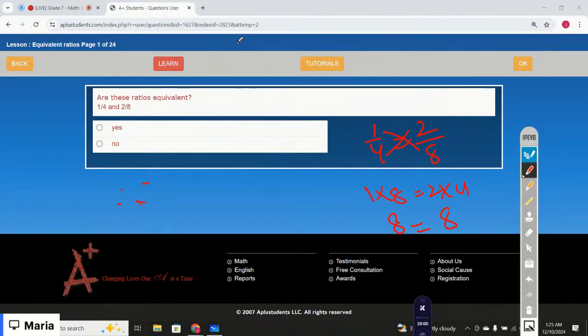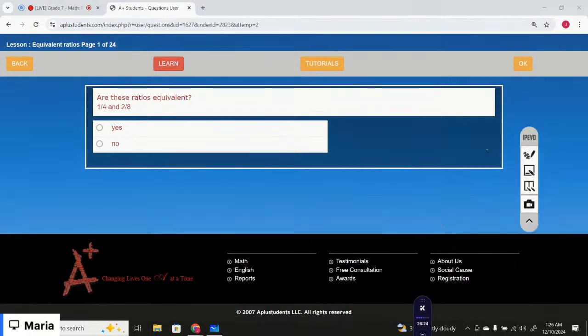That means yes, they are equivalent. The correct option is yes, they are proportional.